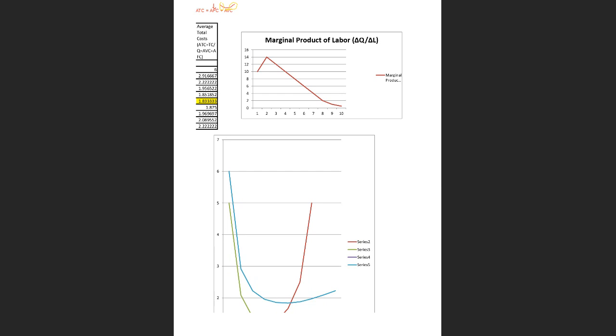Averages move in the direction of the marginal changes. Right? So for example, if the marginal is above the average, the average rises. And I'll explain this in a second. If the marginal is below the average, the average is falling.